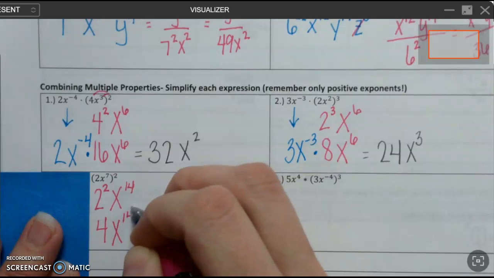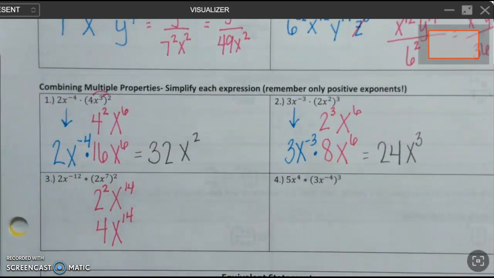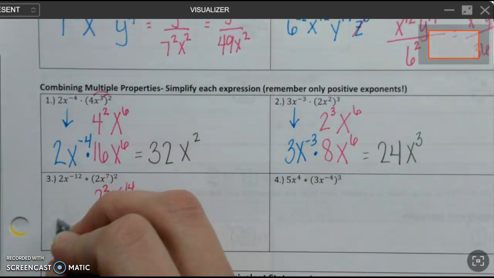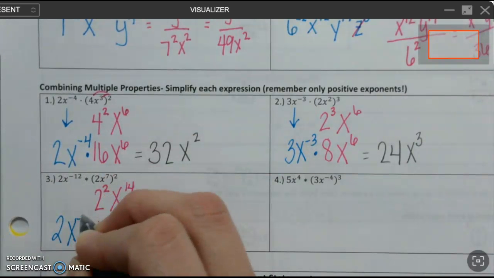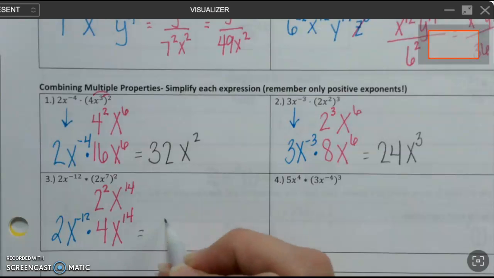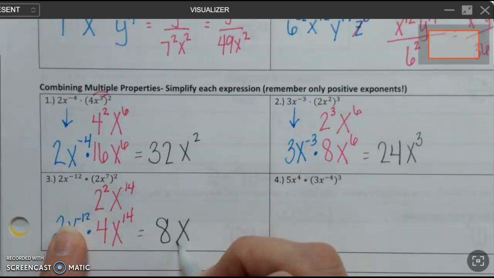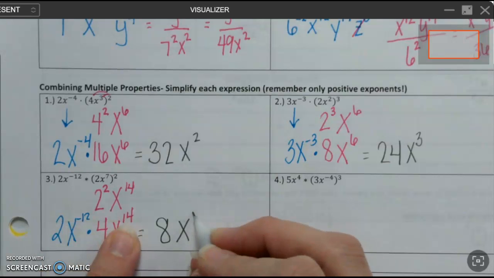X to the 14th. Bring down what we've got in the front here, which is 2x to the negative 12. 2 times 4 is 8. X to the, we're going to add these two exponents together. Negative 12 plus 14 is 2.